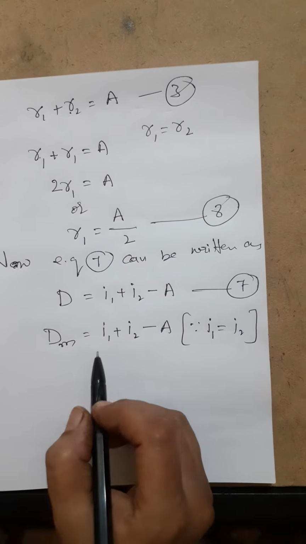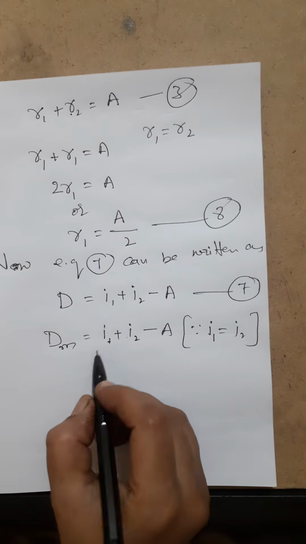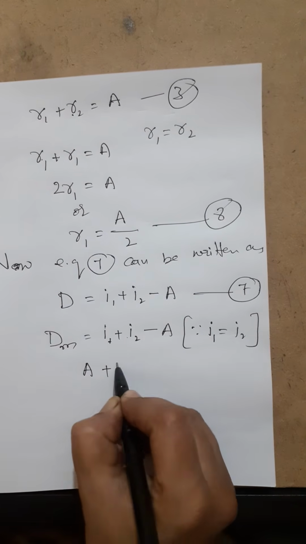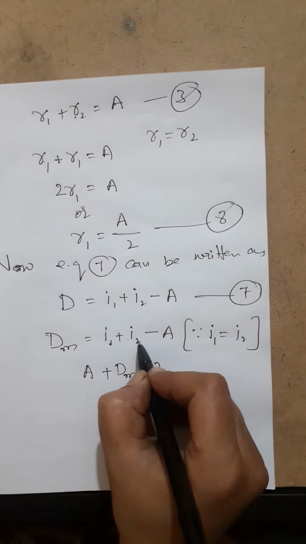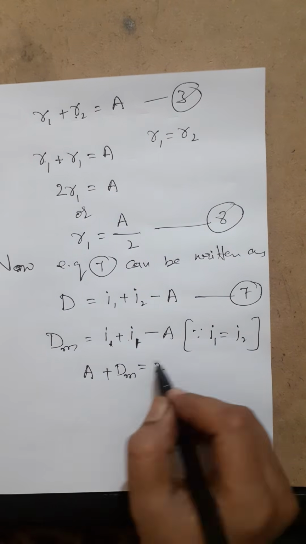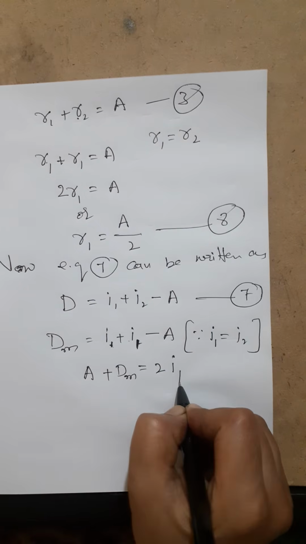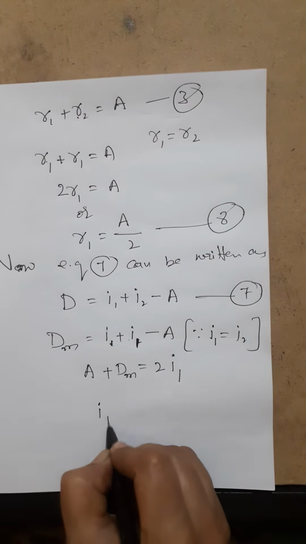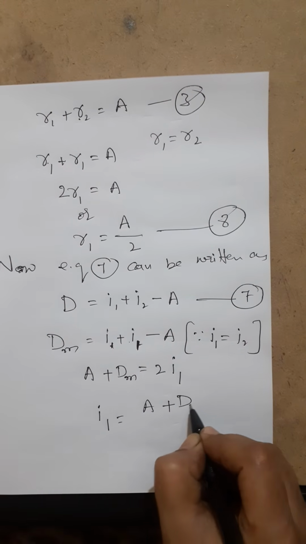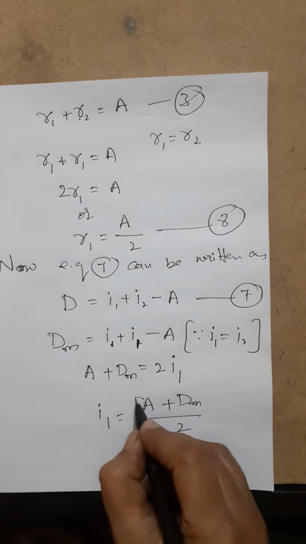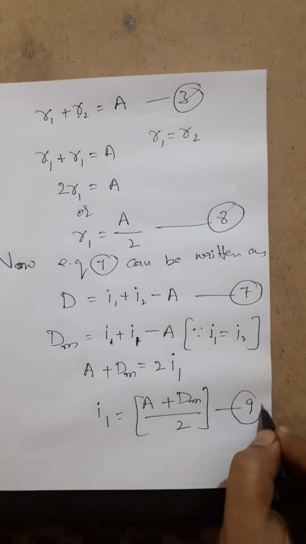So that's why we can write A plus dm is equal to 2 I1, or I1 is equal to A plus dm by 2. Let us take this as equation number 9.